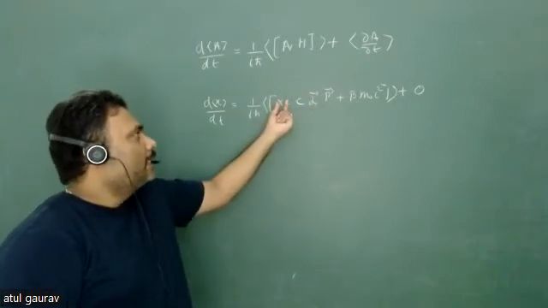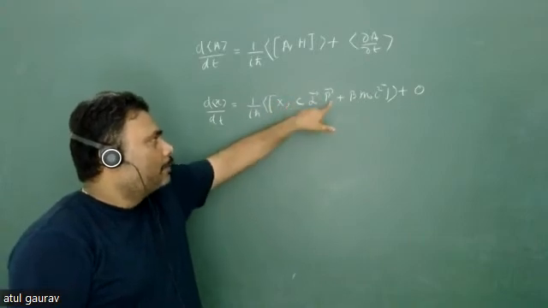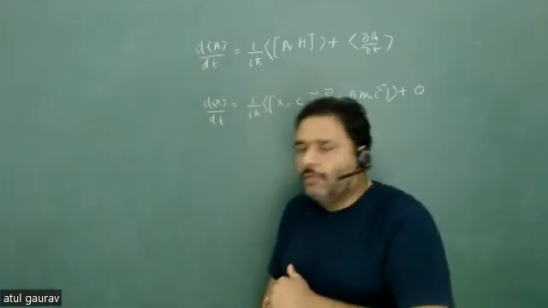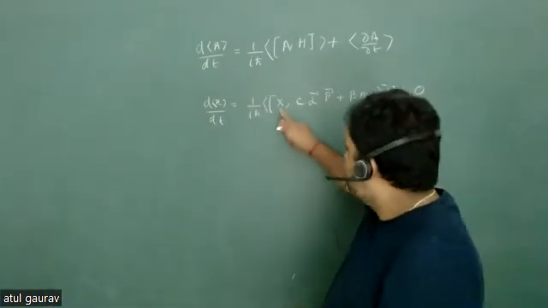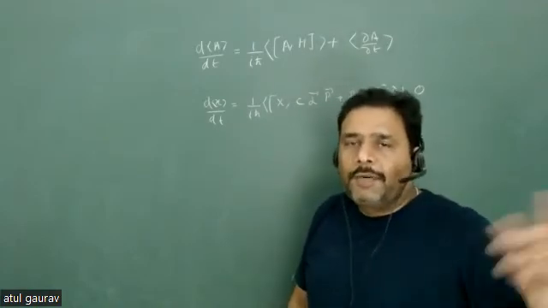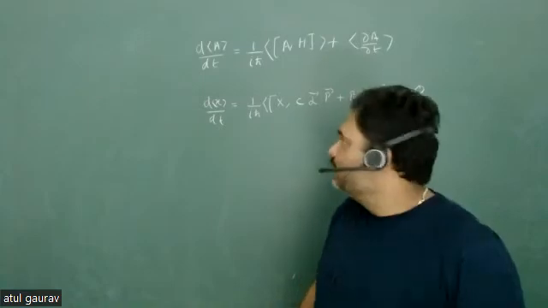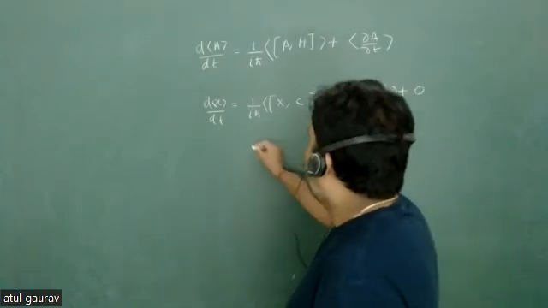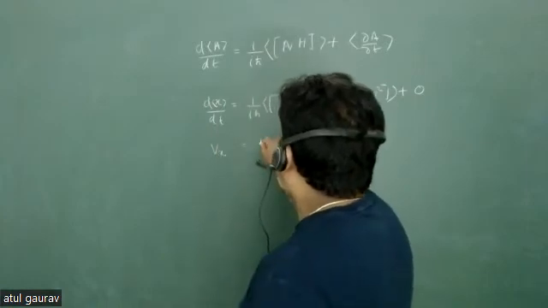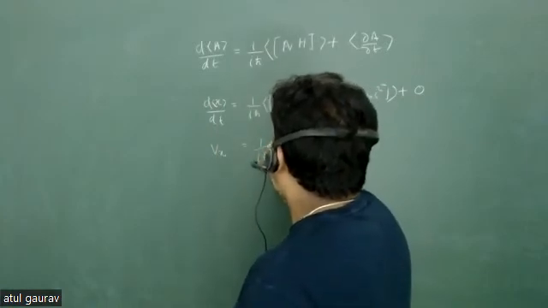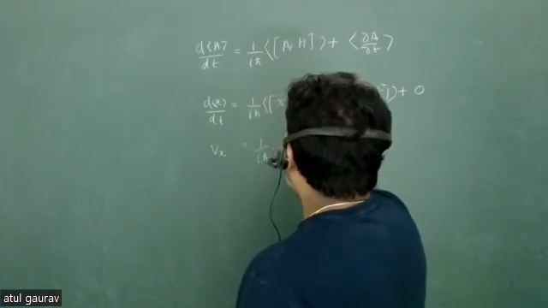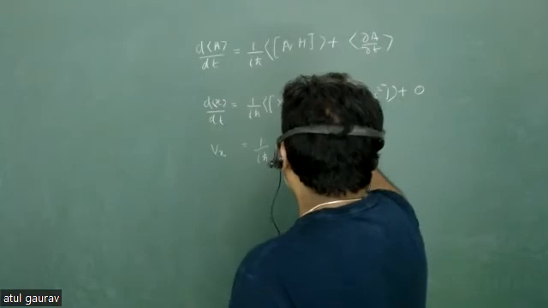Here X is going to fail to commute only with Px, because X has an identity matrix attached, and it is going to commute with all other parts of P. So effectively I will get 1/iħ times the commutator of X with c alpha x Px.